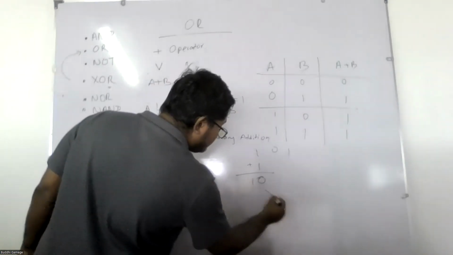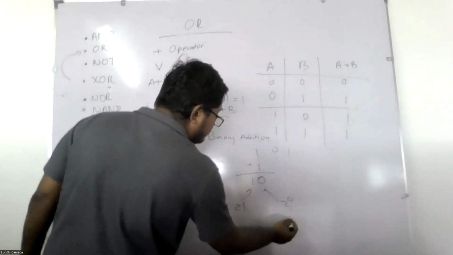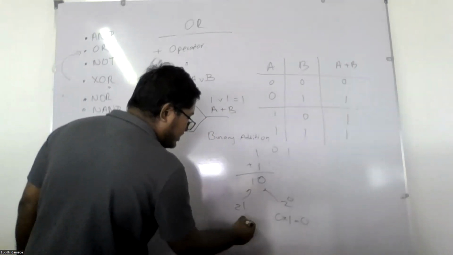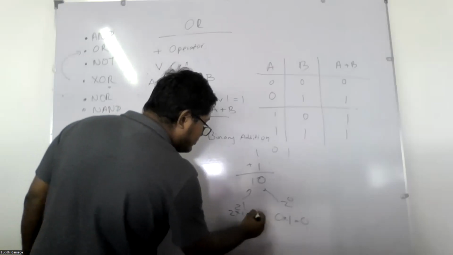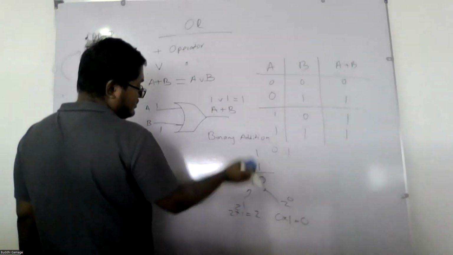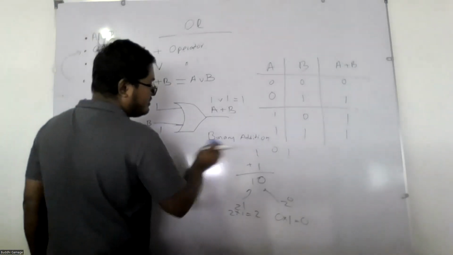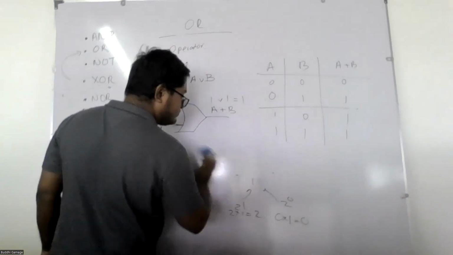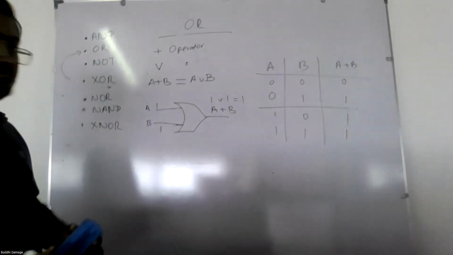This is 2 to the power 0 and this is 2 to the power 1. 2 to the power 0 is 1, 1 times 0 is 0. 2 to the power 1 is 2, 2 times 1 is 2. Right? So this is binary addition, but this is the OR operator, so don't get confused about this.